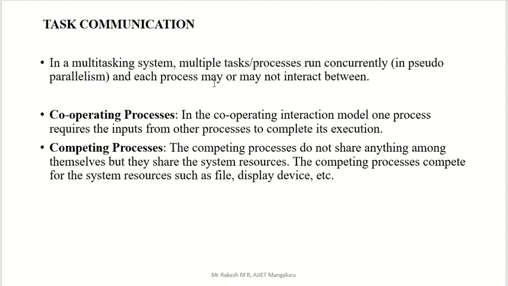P1 and P2 are the two processes. P1 requires some variables, mainly data, from the P2 process, and P2 needs some data from the P1 process to execute properly. At that time a communication is required between the two processes. P1 should communicate with P2, and P2 should communicate with P1. So that communication is done by some methods, and that is called task communication.